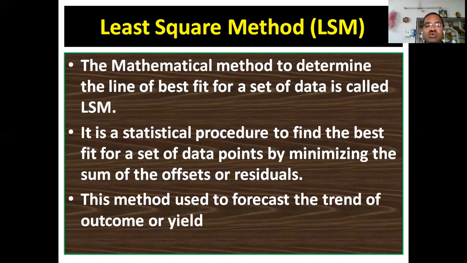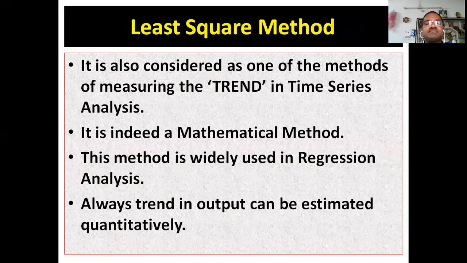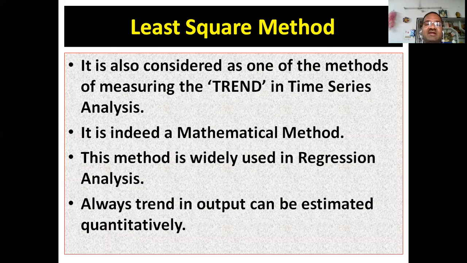This method is used to forecast the trend of outcome, and it is also considered as one of the methods of measuring the trend in time series analysis. As we discussed in the first slide, there are four methods. In that four, the semi-averages method and moving averages method are purely statistical methods.